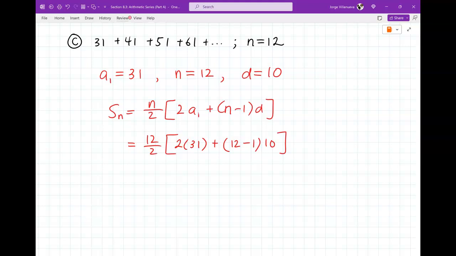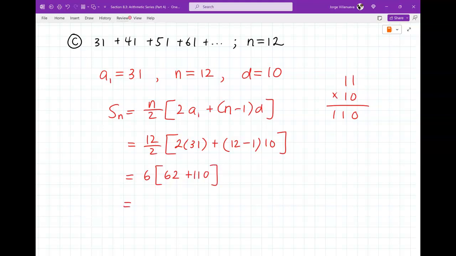So there you go. So 12 divided by 2, that's 6. 2 times 31, that's 62. 12 minus 1 is 11. 11 times 10. I showed you guys the trick to multiplying times 11, but you can just do it real quick. I think I showed you guys the trick in case the numbers were bigger. So we have 110, so put that over here.